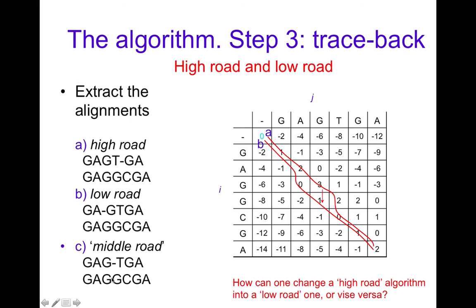In the other 2 alignments, we see that the gap is made at a later position, and so the introducing of the gap in this sequence here is actually done at a later stage.